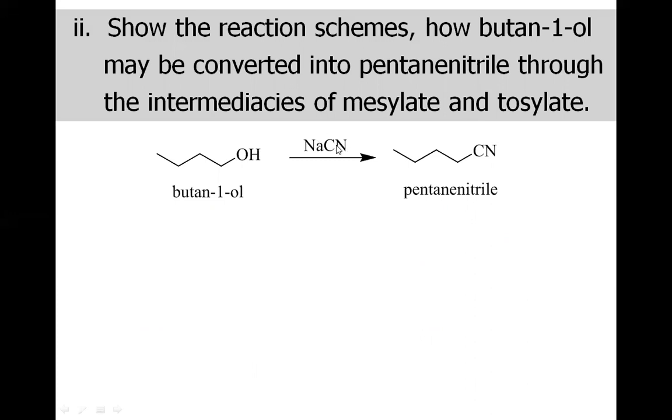This cyanide ion will attack this alpha carbon, and this hydroxy will leave the system, and we have the substitution of hydroxy with the nitrile group. But this reaction does not happen. Why? It's because of the poor leaving group nature of this hydroxyl group that does not allow this reaction to proceed.